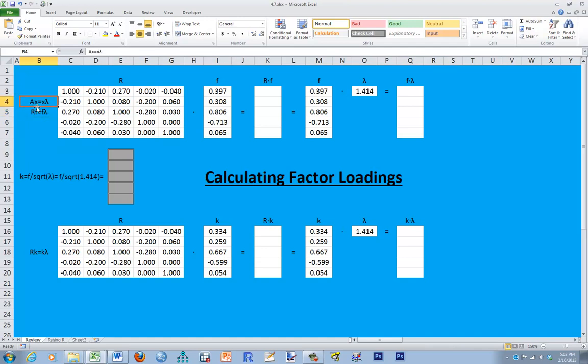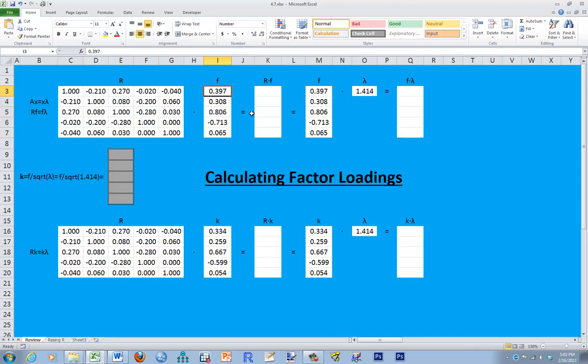So we can replace A with our correlation matrix R, and replace the x vector with F, which is once again our factor loadings. And we get a resultant vector that is equal to the factor loadings times a constant, and we will see that this constant lambda is 1.414.